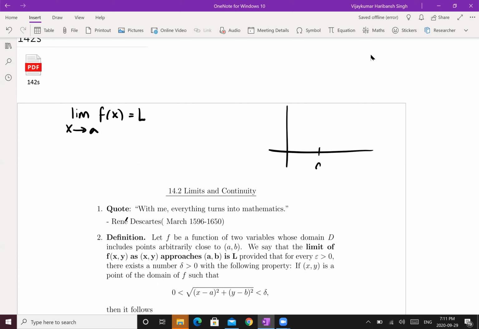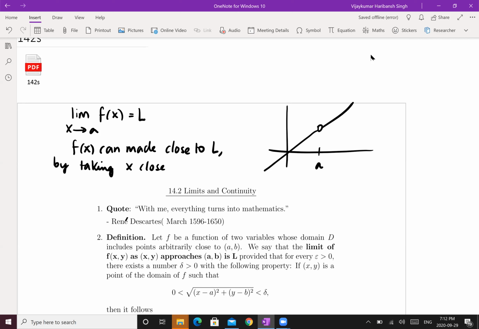At a, f of x can be made close to L by taking x close to a. So this was the idea of limit for a function of one variable.